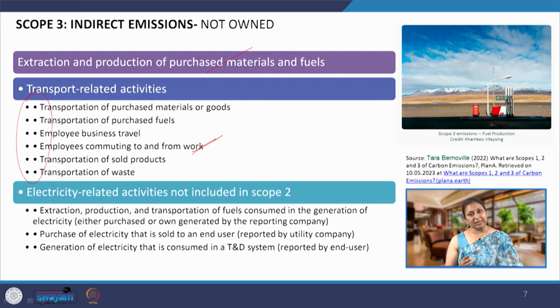Scope 3 is really wide because ideally we should make it as comprehensive as possible, covering all the possible emissions that might be taking place. We will also be talking about generation of electricity that is consumed and reported by the end user. That also comes in your scope 3 activities. These are electricity related activities not included in scope 2, which are part of scope 3.